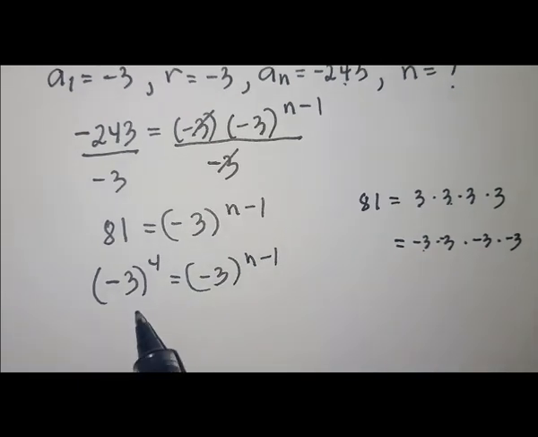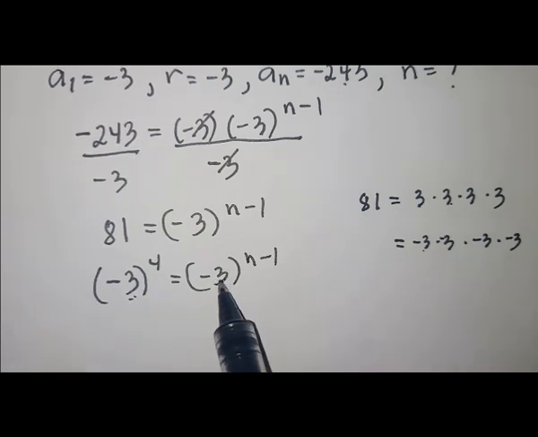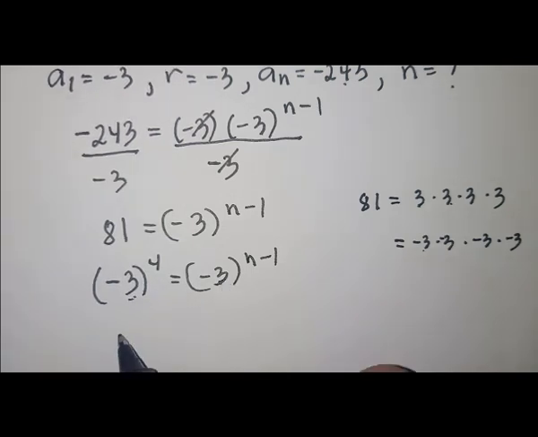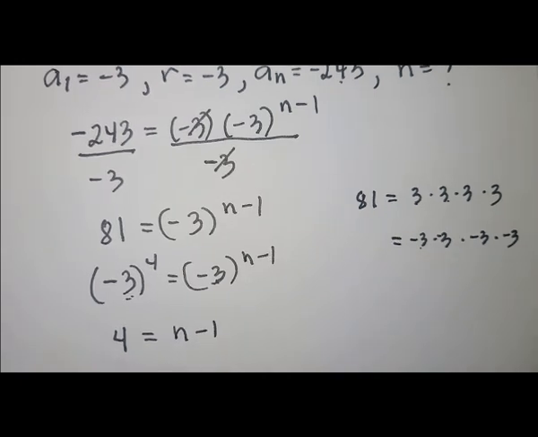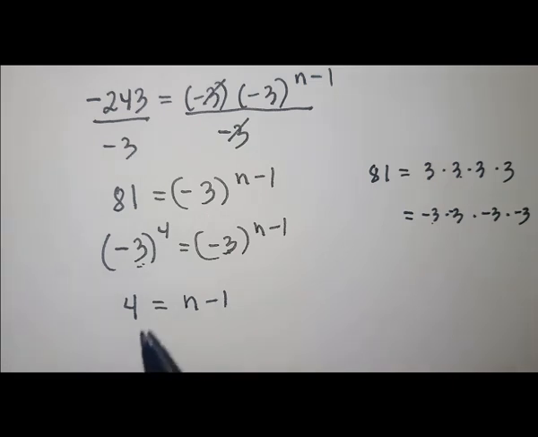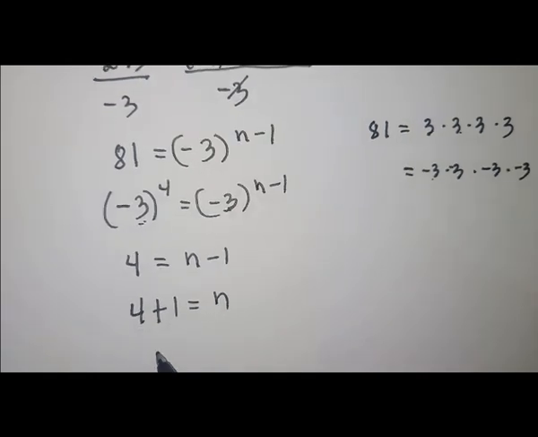Kung makikita natin, parehas na sila ng base. So, kopyahin na lang natin yung exponent. We have 4 equals n minus 1. So, transpose natin si negative 1. So, we have 4 plus 1 equals n. Therefore, n is equal to 5.